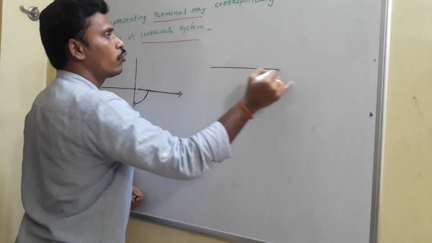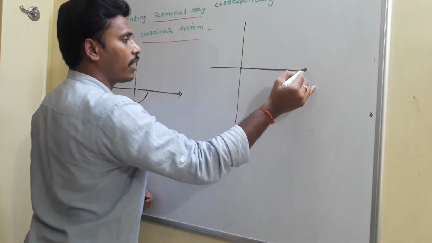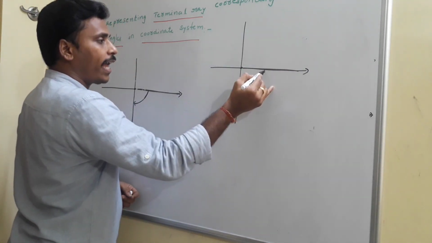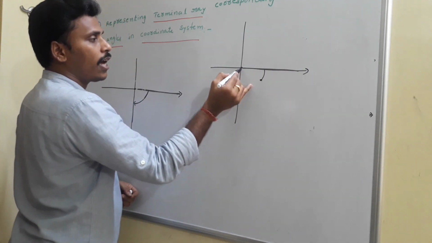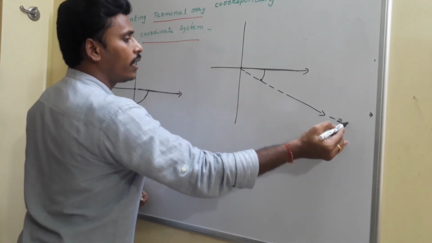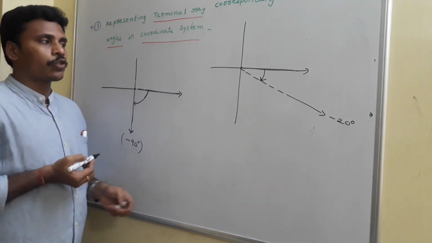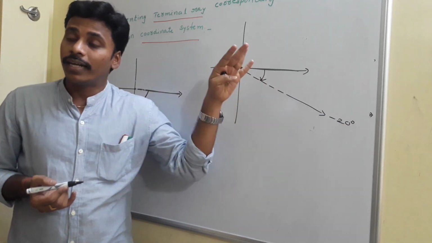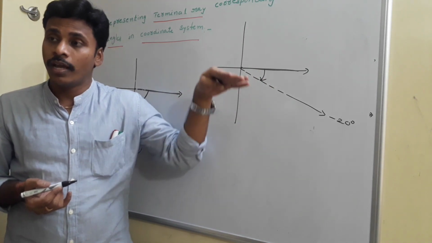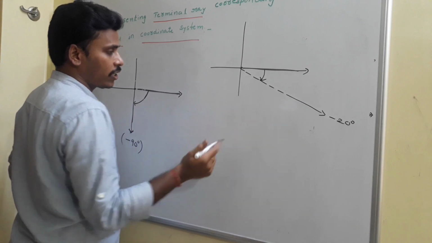And if this is the positive direction of x-axis, and you rotate an angle of 20 degrees like this, then this terminal ray corresponds to an angle of minus 20 degrees. Actually, the angle is 20 degrees here, but since the rotation is in the negative, clockwise direction, we need to consider that angle as minus 20.